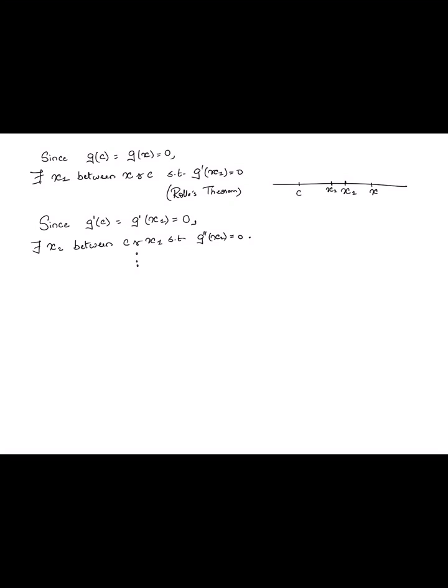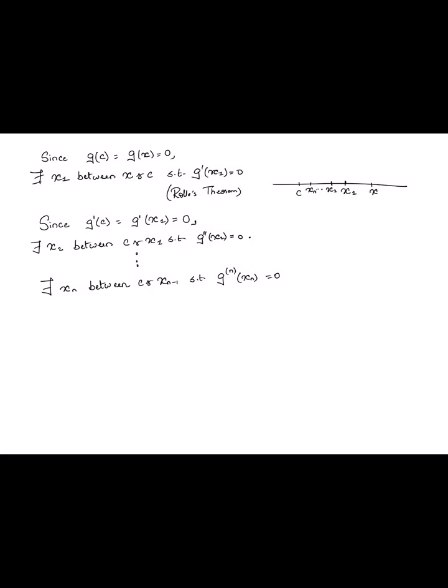So this would go on until one can say that there exists xn between c and xn minus 1 such that the nth derivative at xn is equal to 0. So these points essentially keep moving in this direction, and this is, let's say, xn.